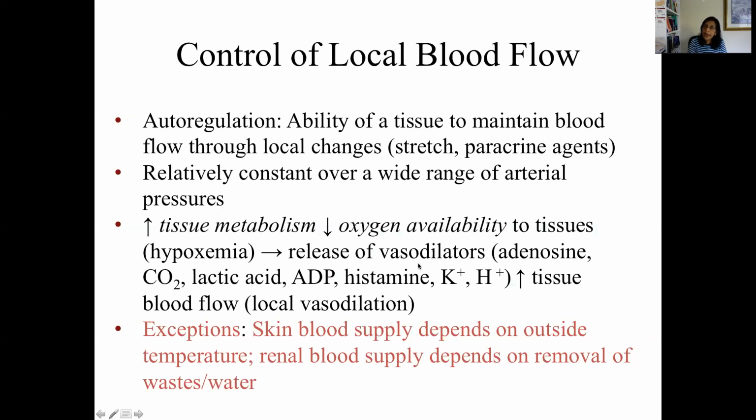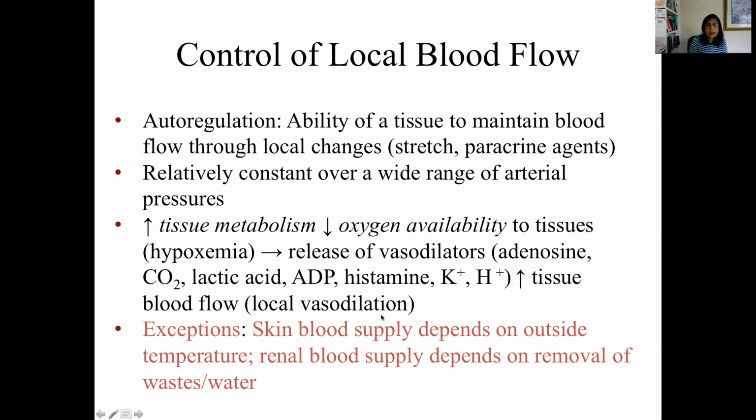These could be paracrine agents, local agents, that is adenosine, lactic acid, histamine, ADP, and increased levels of CO2, potassium ion, and hydrogen ion. All these could send a signal to the blood vessel and result in vasodilation, increased tissue blood flow.